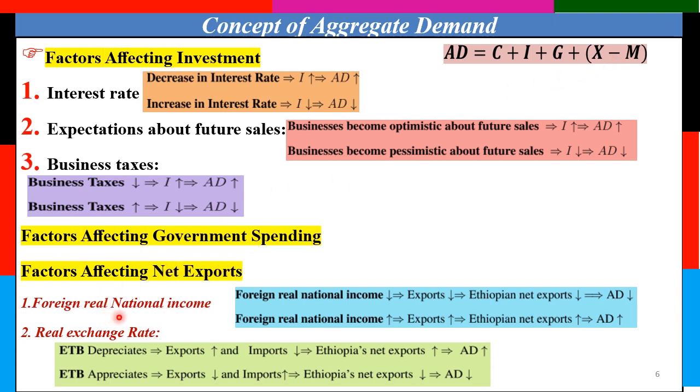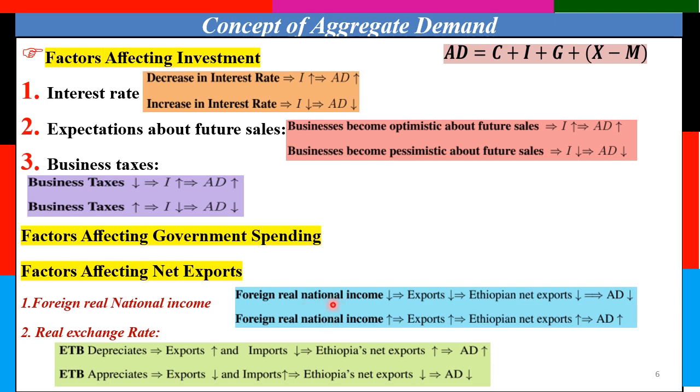First, foreign real national income and real exchange rates. Foreign real national income decreasing means export is decreasing, because the product becomes what? Expensive for those who buy the products.